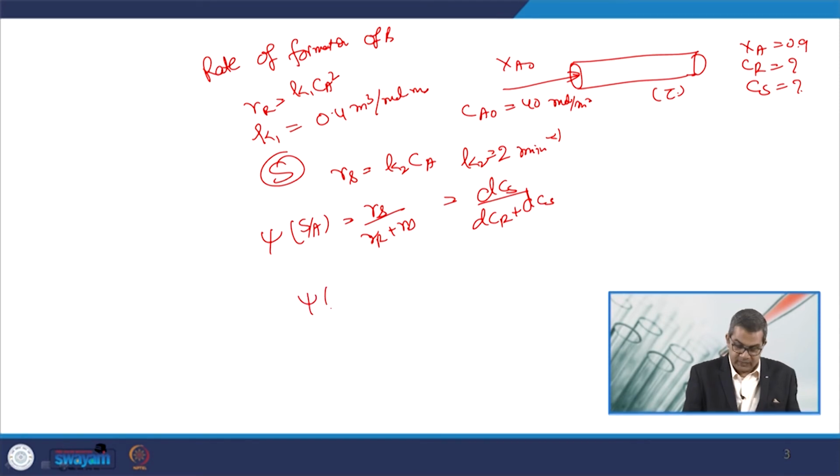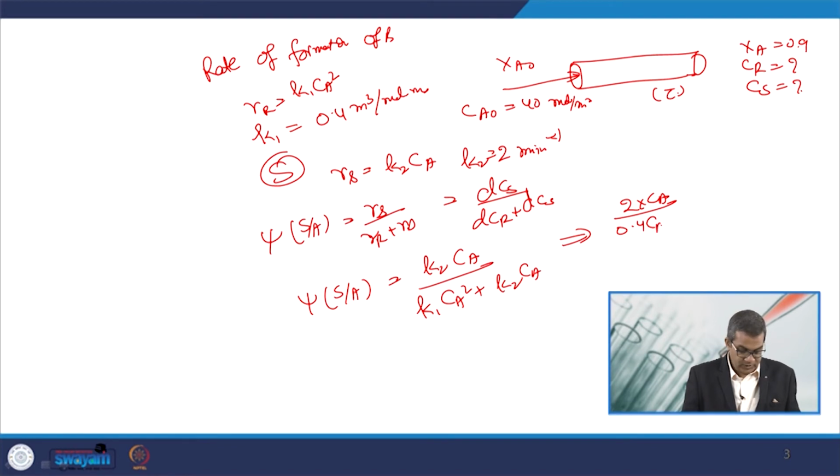Now psi S upon A is equal to K2 Ca upon K1 Ca square plus K2 Ca. Now it comes out to be 2 into Ca upon 0.4 Ca square plus 2 Ca, or psi S upon A is equal to 1 upon 1 plus 0.2 Ca.